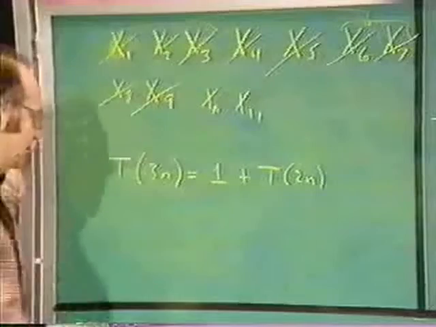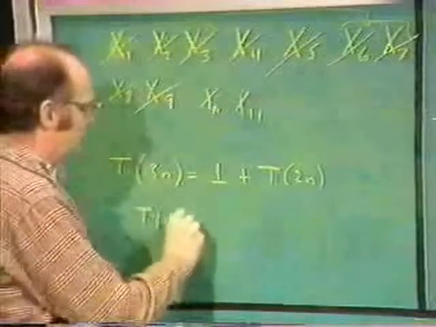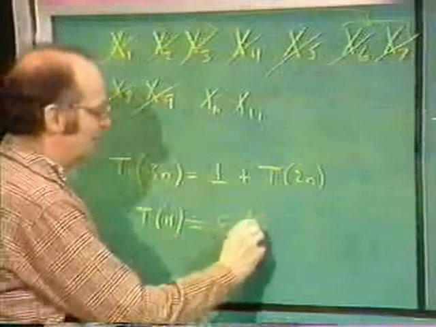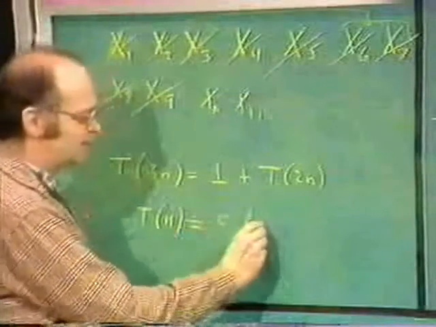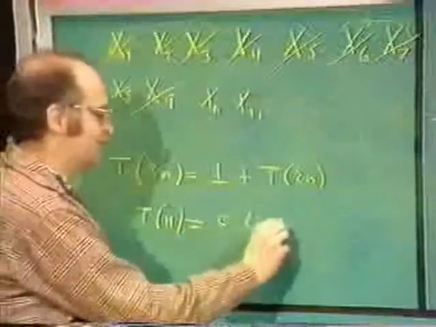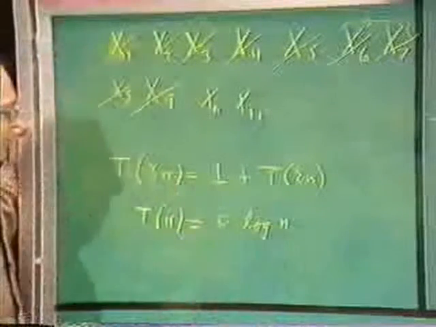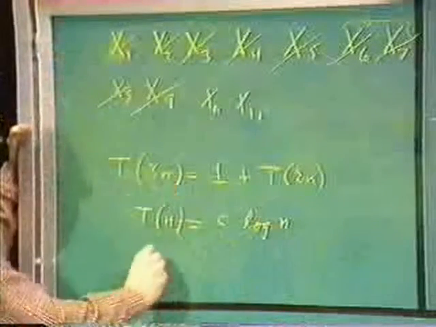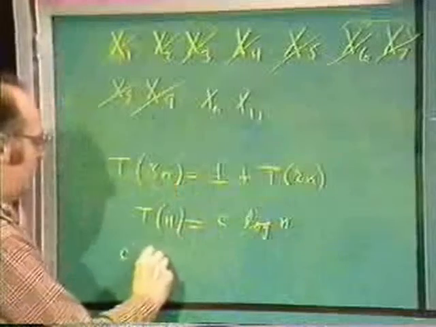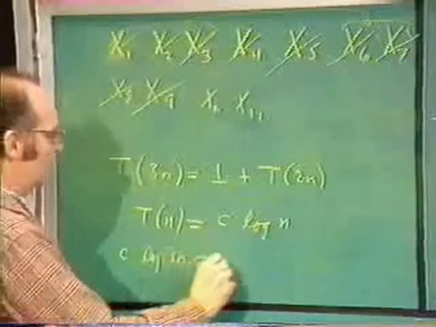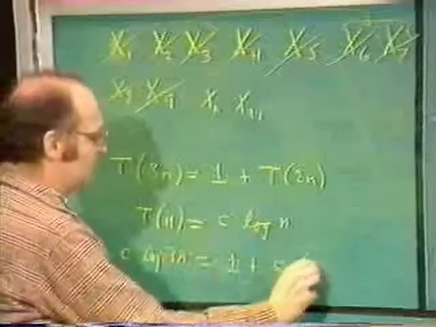Okay. So now the conjecture is that T(n) is equal to c times log n, and the question is, what is c? We're trying to find out what value solves this. That says that c times log of 3n is supposed to equal 1 plus c times log of 2n.